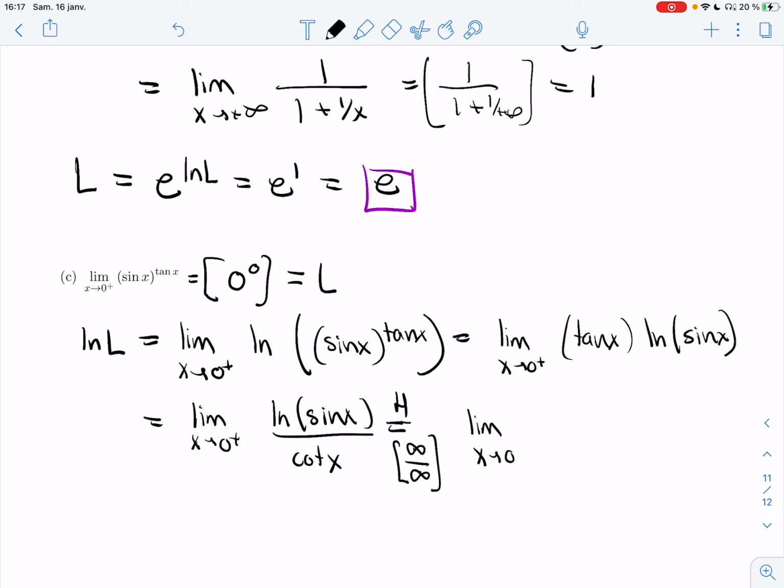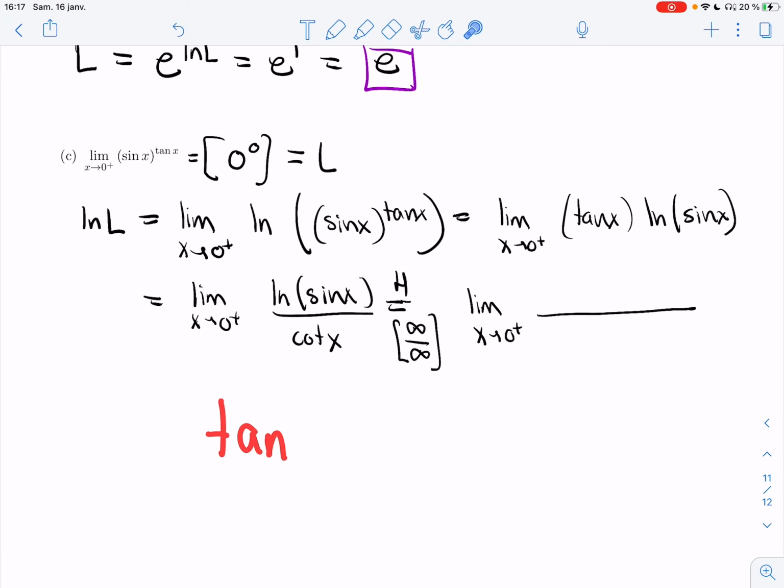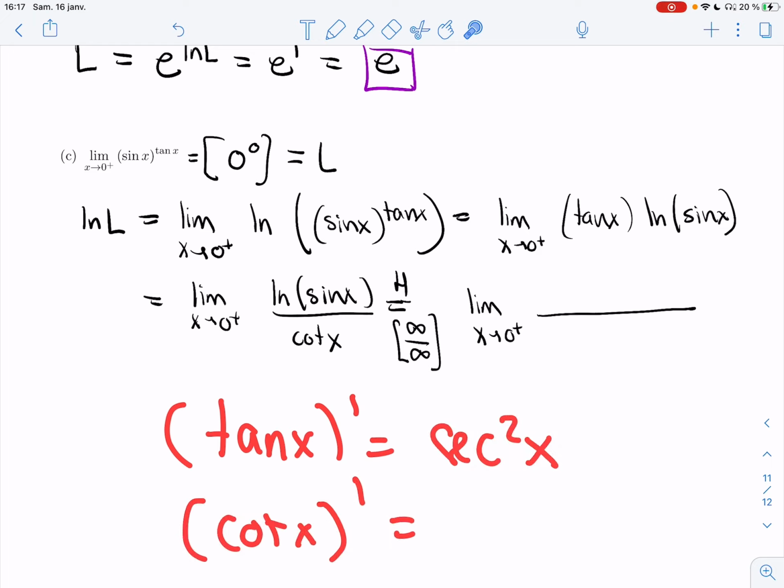Now I'm going to take the derivative. I want you to try to remember what's the derivative of cotan. So the derivative of tan is secant squared. The derivative of cotan is almost cosecant squared of x. You just add an extra minus.